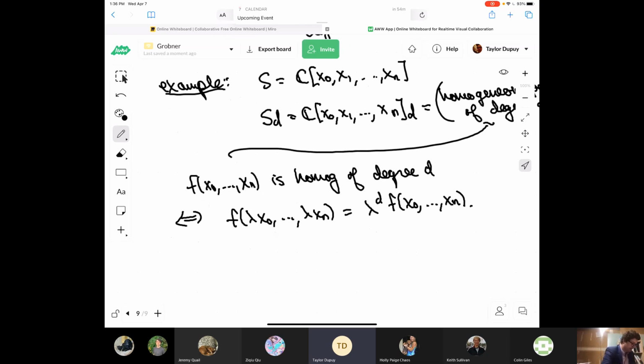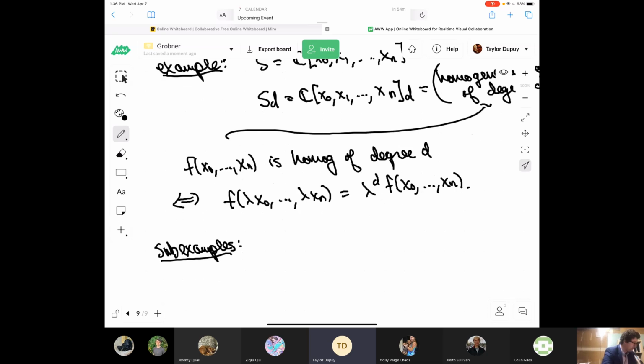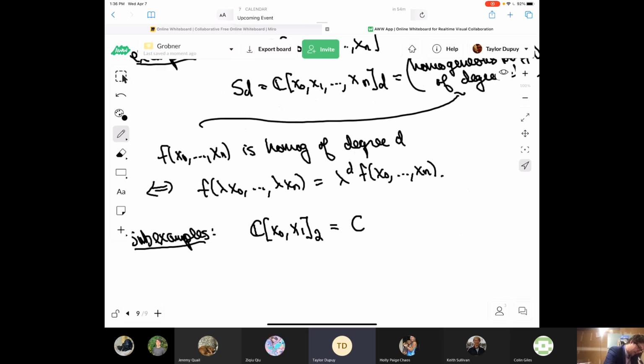So let's give some sub-examples. If I did C[x0, x1] in degree 2 here, this would be generated by C x0 squared plus C x0 x1 plus C x1 squared.